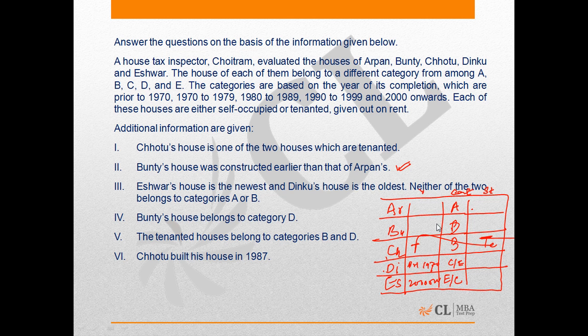And in the last statement, it is given that Chotu's house was built in 1987, and it is also known that Bunty's house was constructed earlier than that of Arpan's house, which means Bunty's house must have been constructed between 1970 and 1979 and that of Arpan between 1990 and 1999.